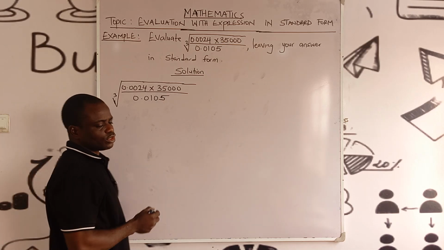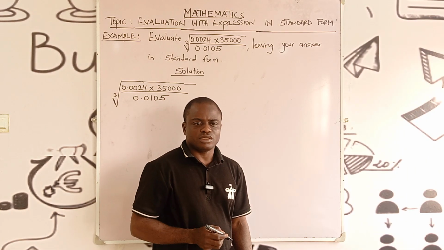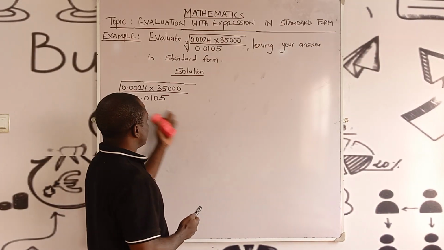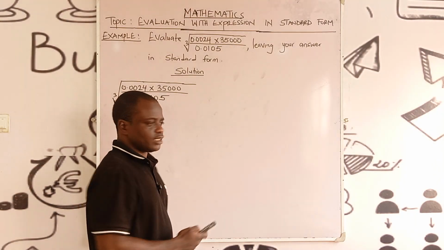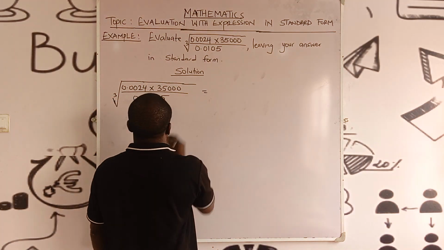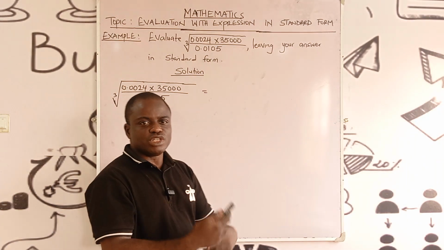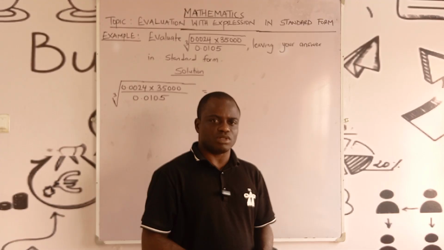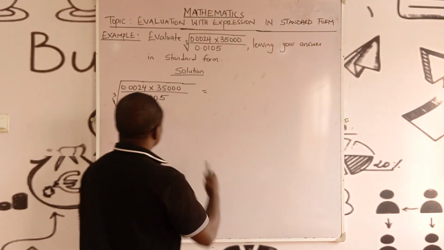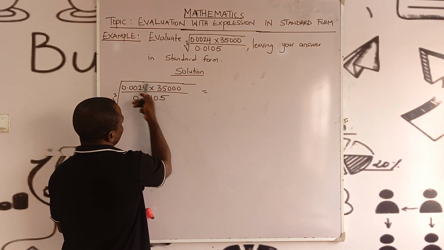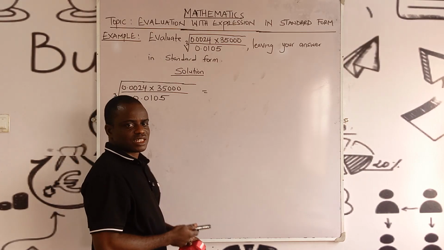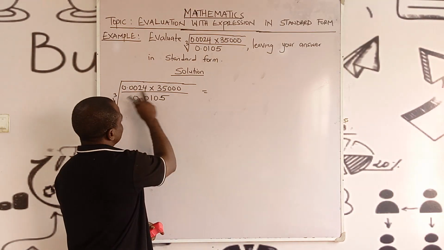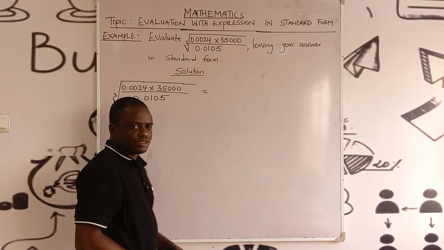When this one comes out in your theory, you have to solve it systematically. Now, I want to break it down in such a way that you limit the rate at which you use the calculator. You analyze, change all the numbers to standard form, both the decimal and the number without decimal.